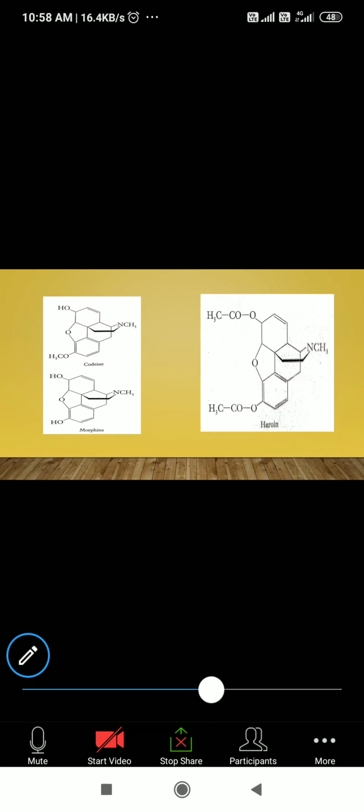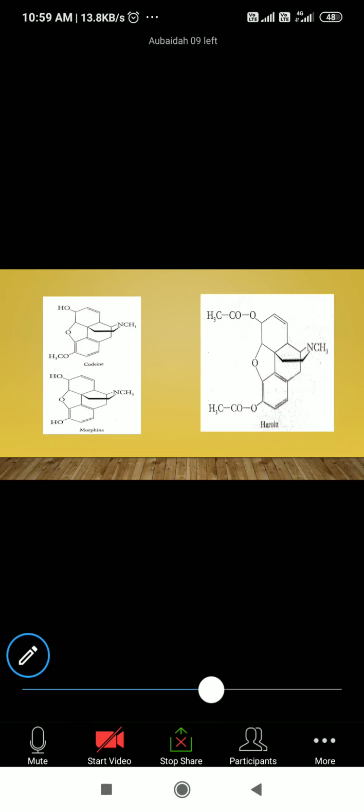But God has made these secondary metabolites in such a way that they are produced in very minute quantity. They are not toxic to us, or they are synthesized below the toxic level.